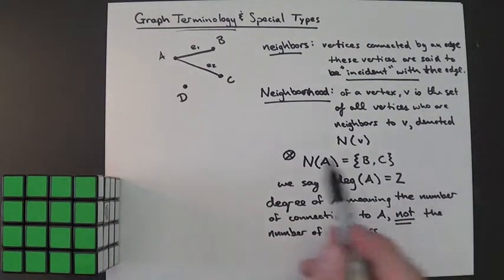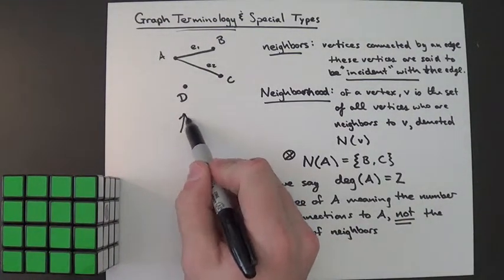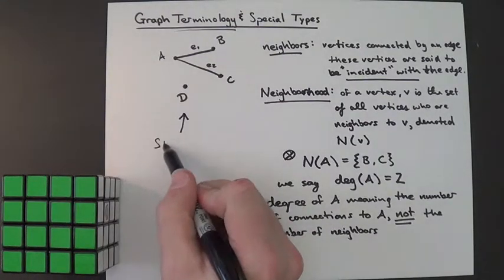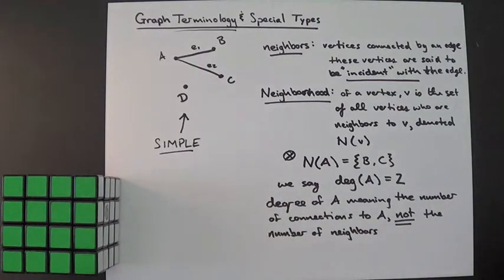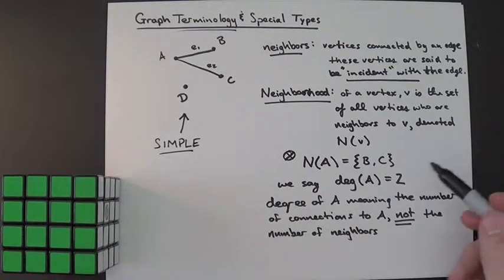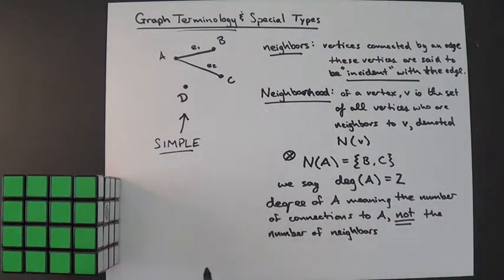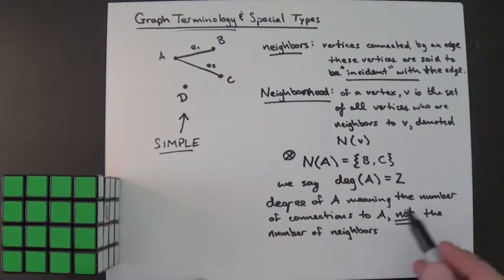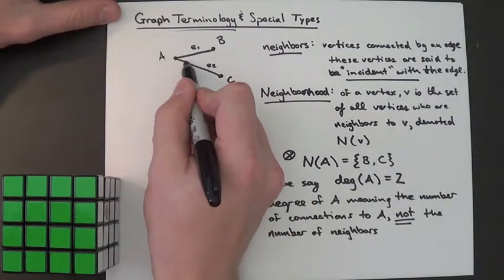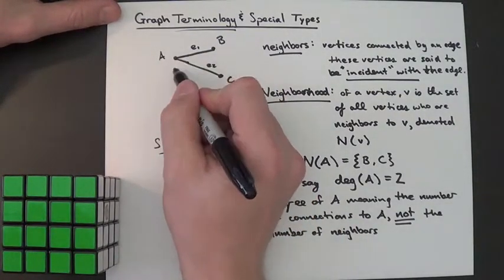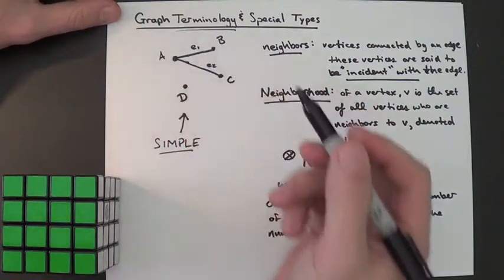Because our graph is a simple graph, we can say that the degree of a vertex is equal to the number of neighbors, only because it's simple. But more specifically, the degree of a vertex is the number of edges connected to it. Here we have one edge here and one edge here that are connected to A.